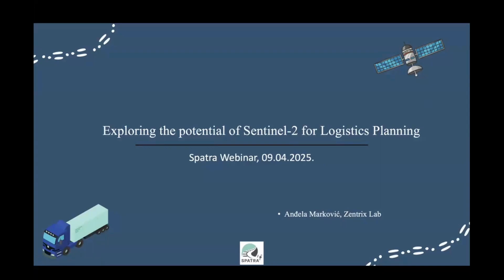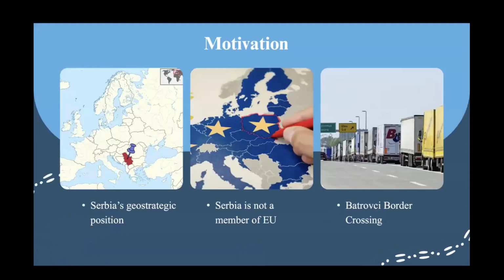So as we said before, in this presentation, I'm going to present how we can use the potential of Sentinel-2 data for logistic planning. What motivated us to start this research about Sentinel-2 data is, first of all, Serbia's geostrategic position, as it is positioned in the center of the Balkans, and it connects Western Europe with Asia.